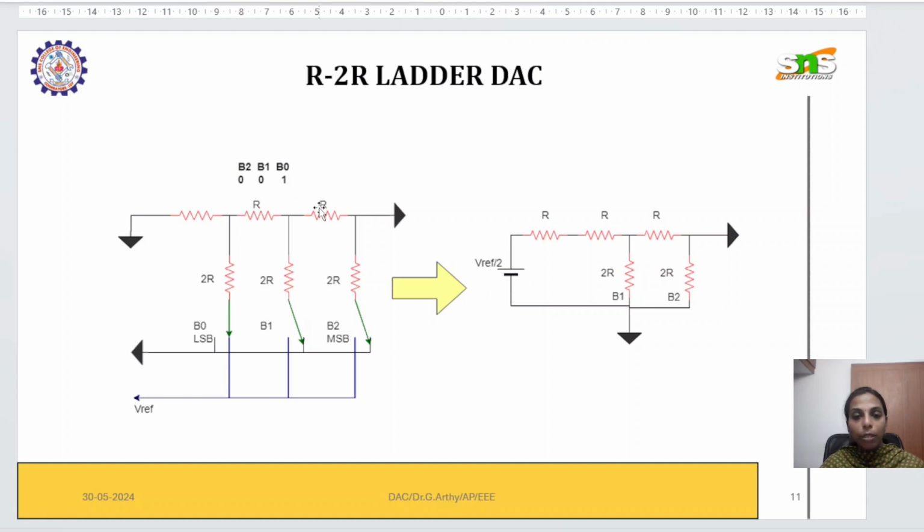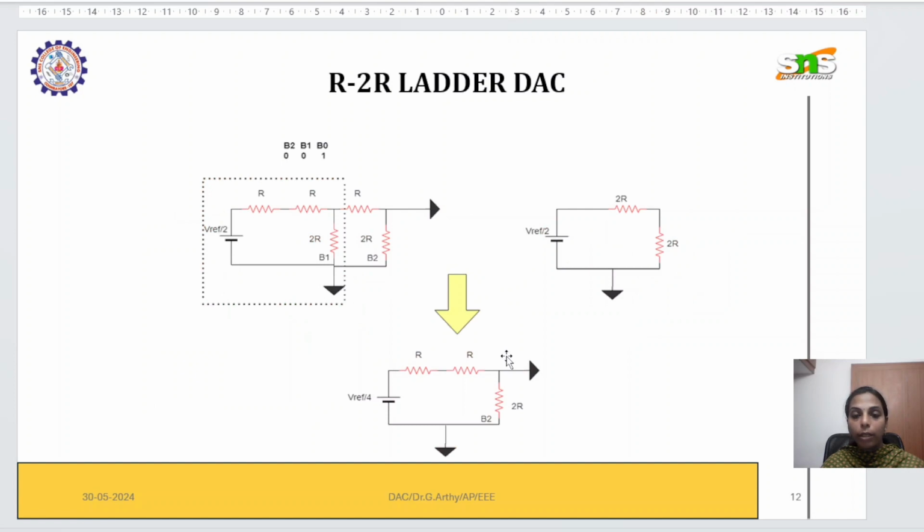Now we have to draw the remaining circuit, these two resistors and these two 2R resistors. Again we have to consider this circuit and look at it from this side in order to calculate the V Thevenin.